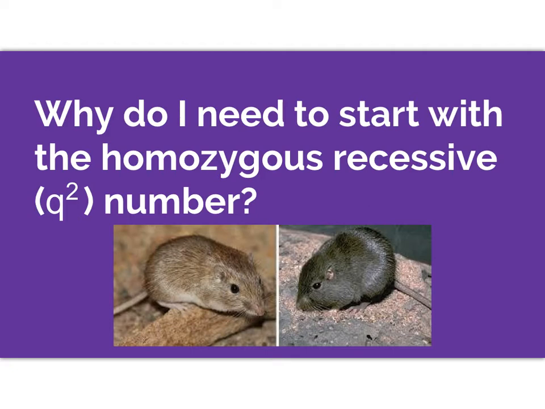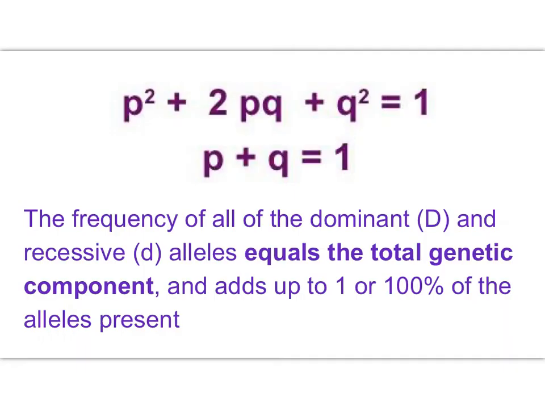That mouse could either be homozygous dominant, 2 capital D's, or heterozygous, meaning a capital D and a lowercase d. So since we always will know the homozygous recessive, it's a great place for us to start. You may have noticed that the Hardy-Weinberg equation always equals a 1 or 100%, and this is because it equals the total genetic component of that population.